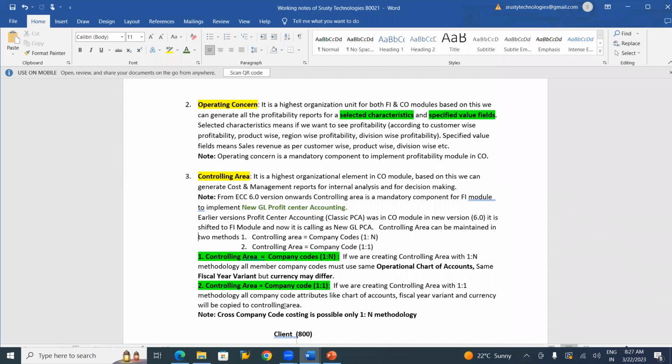Whenever I file the return for the Indian company, I will use my company local accounts for that filing. But at corporate level, I only use the controlling area. Okay, got it. So as per the local requirement, we will create a number of fiscal years for that. Yeah, got it. Okay. Any other questions from anyone?